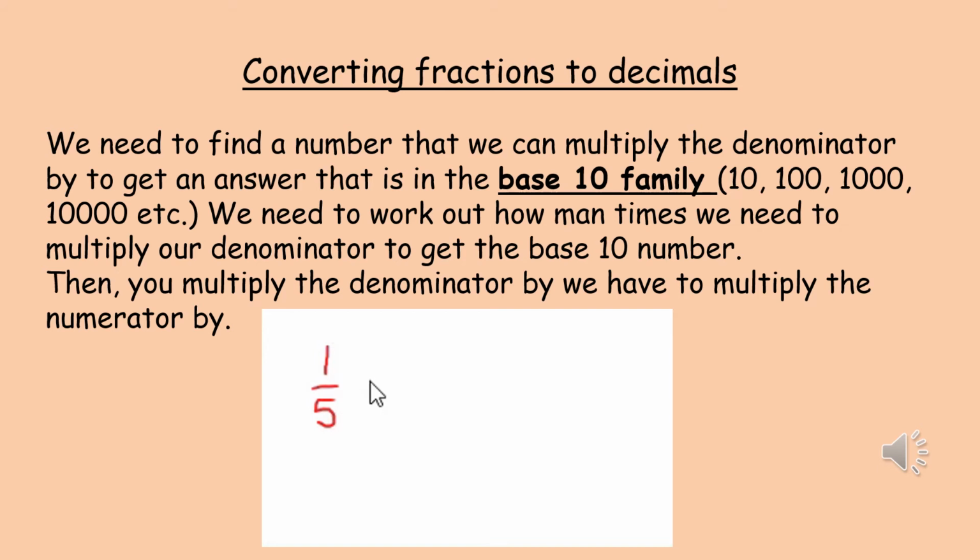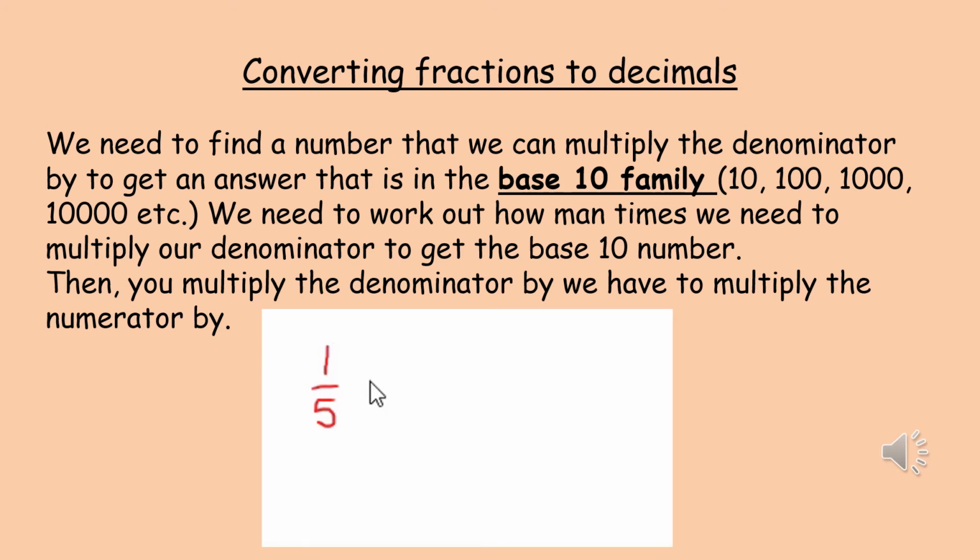Now we know that we need a base 10 family to make our lives easier to convert a fraction to a decimal or decimal to a fraction. These base numbers, 10, 100, 1000, will make your life so much easier. So we need to work out how many times we need to multiply our denominator to get the base 10 number.